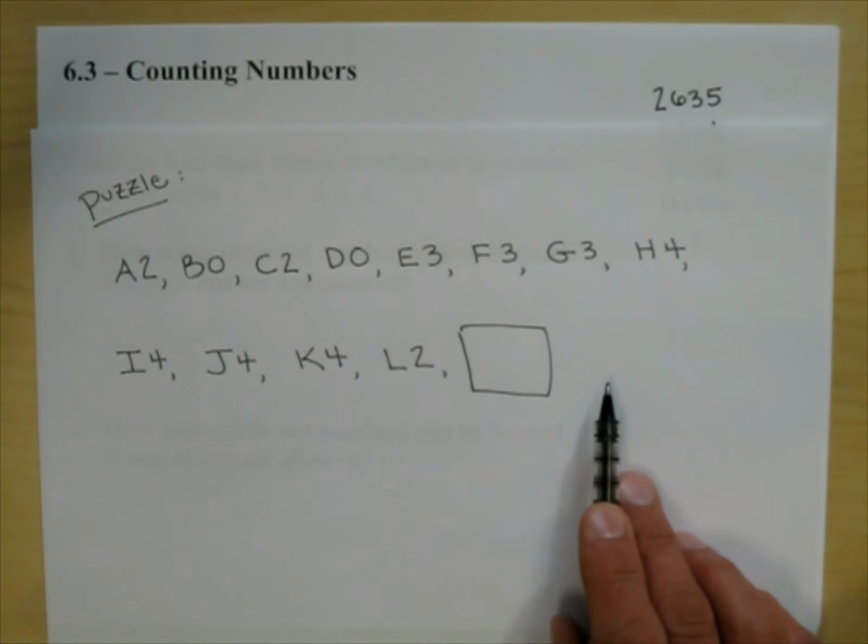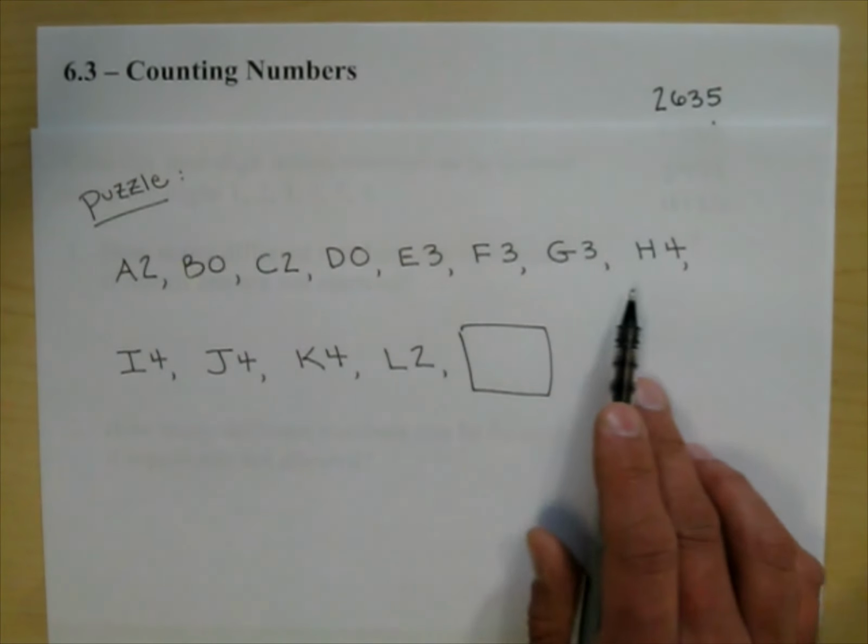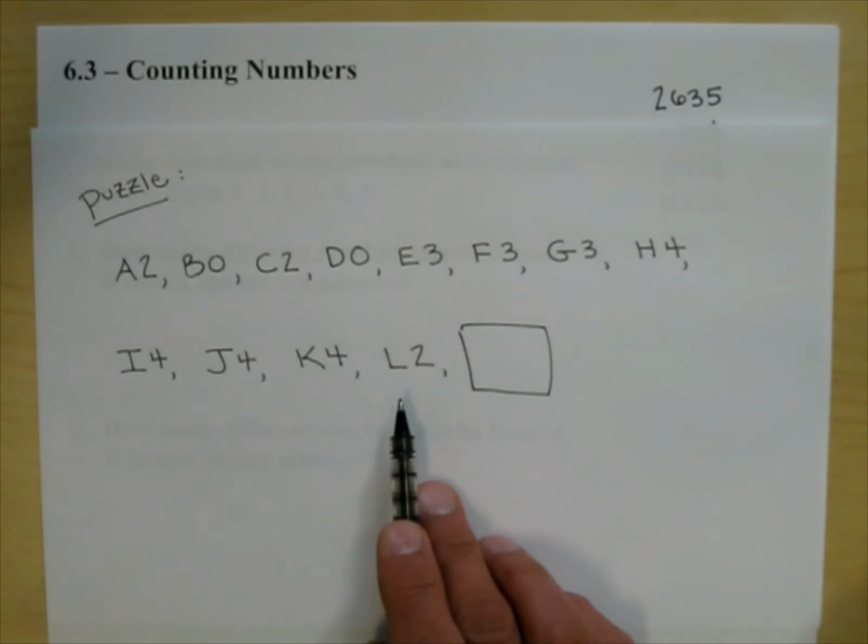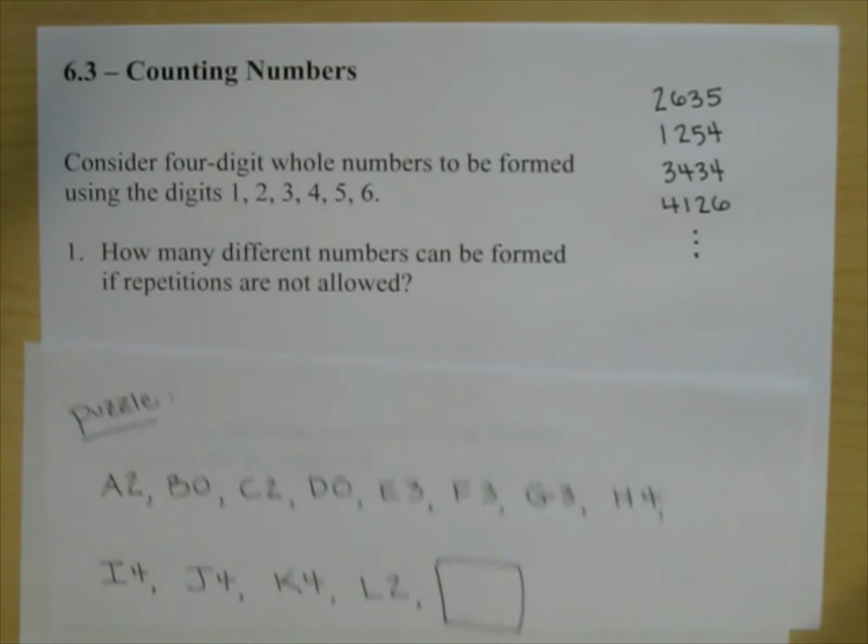Okay, and could you even do the next one? So the hint to this one is the fact that since you guys have been taking this class, you're more likely to get this puzzle than the average person. Okay, so there's the hint.